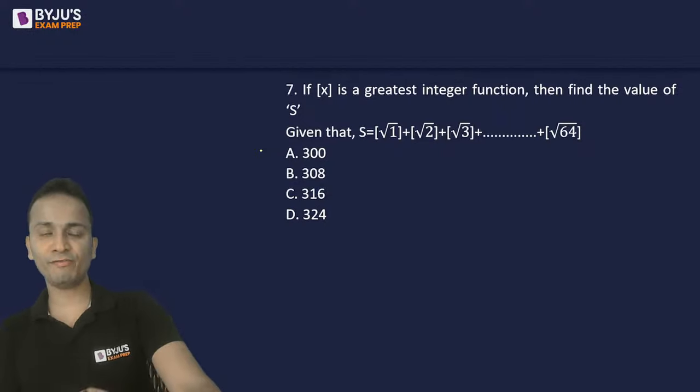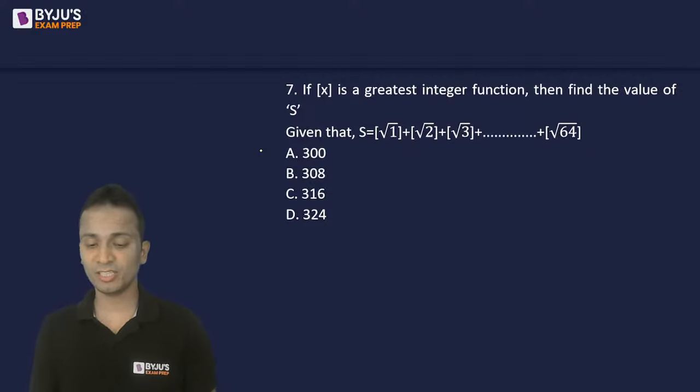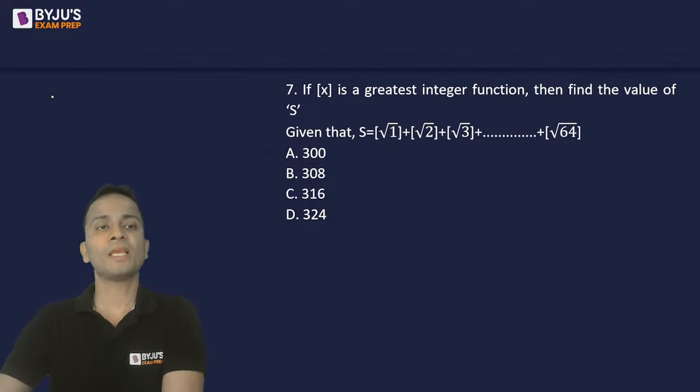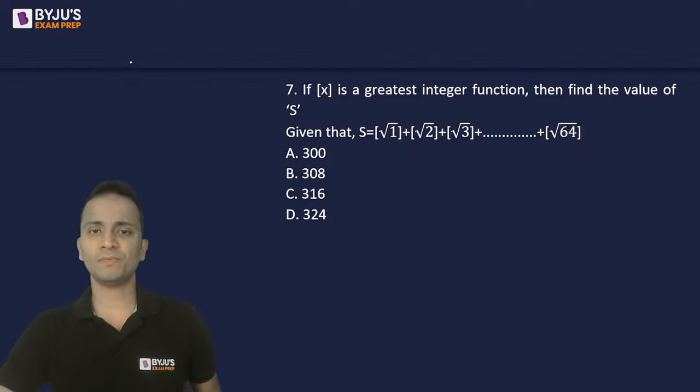Okay. So enough of warm up, enough of mistakes, enough of silly errors, enough of being impatient. Let's solve. Now, not a difficult one if you are able to understand the direction.